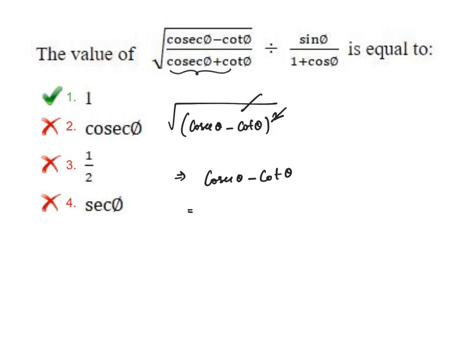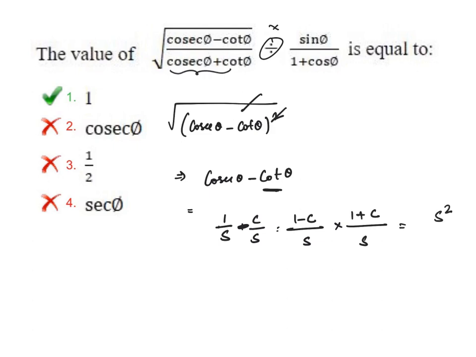You can write it as 1 by sine minus cos by sine, that is 1 minus cos by sine, divided by, you make it into, so that it becomes reciprocal, 1 plus cos by sine. In the numerator 1 minus cos square theta, that is sin square theta. In the denominator again sin square theta. So your answer is 1 here.